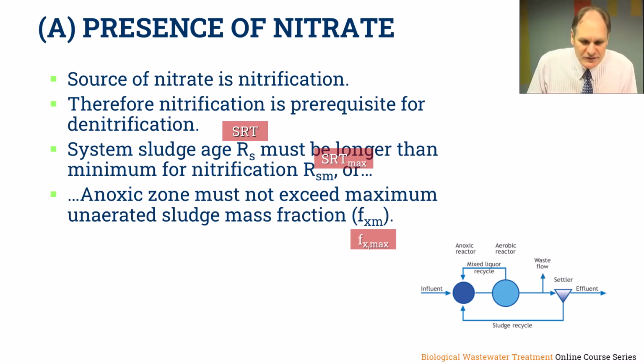And we discussed this maximum unaerated sludge mass fraction in detail in the nitrification section, but it's worth repeating because it is the most important decision that is made in the design of a biological nitrogen removal system.